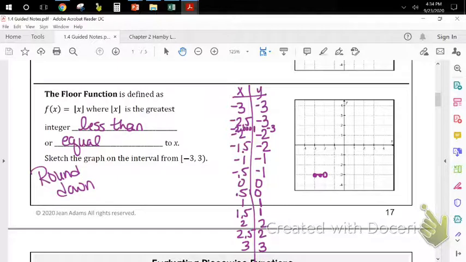So then we have -1.5 is -2, -2 is -2, and -1.5 is -2. And then the same thing, we're going to put an open circle right there, and every number under that will round down to -2.